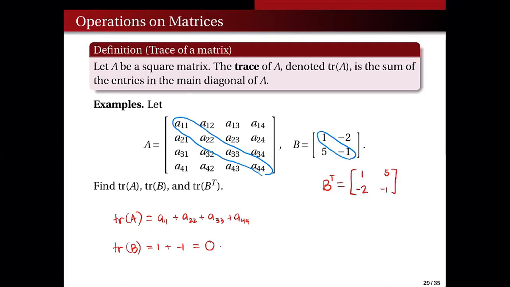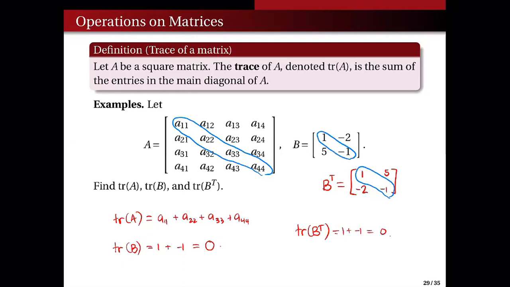Therefore, the trace of B transpose, using the main diagonal of B transpose, is 1 plus negative 1, and this is equal to 0.